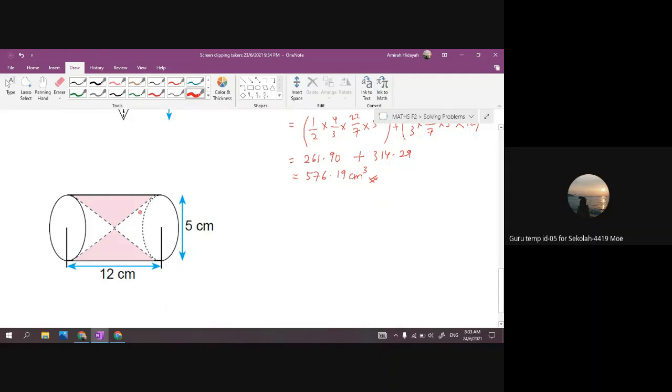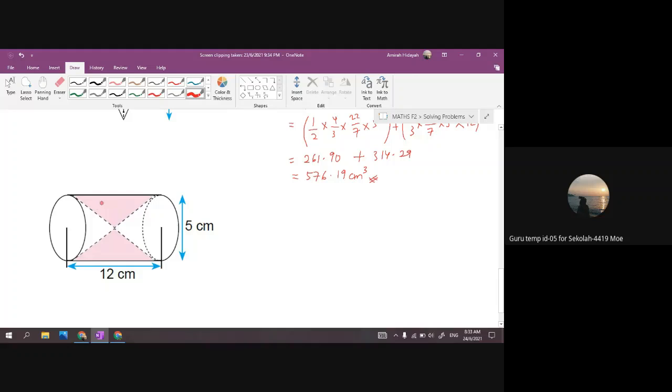Okay, sebelum ni pun kalau kita solve questions involving shaded region, okay, usually you need to calculate, okay, the volume of this whole object and then you subtract with, minus with the unshaded region, right? So you will get the shaded region. Sebab kalau nak terus cari shaded region memang tak boleh lah sebab kita tak ada formula untuk cari shaded region ni, kan?